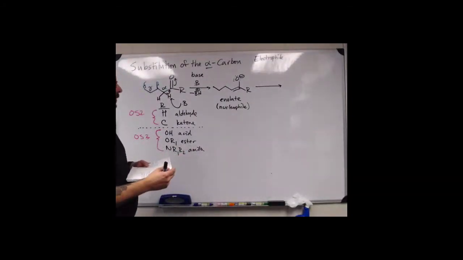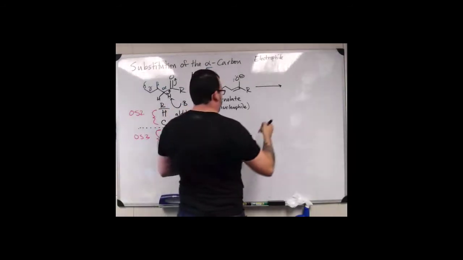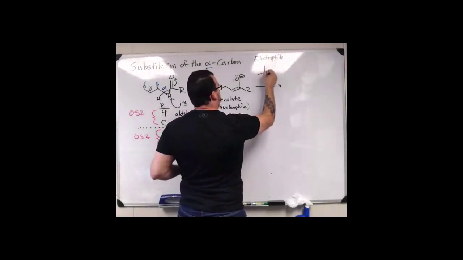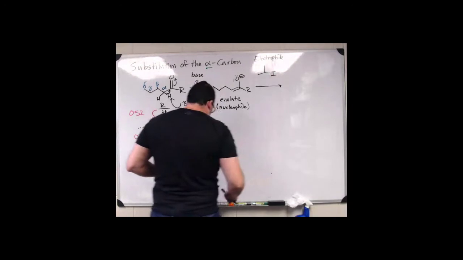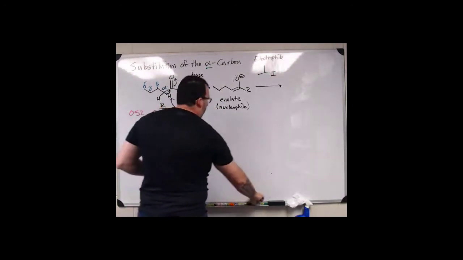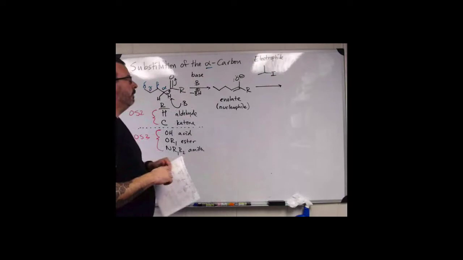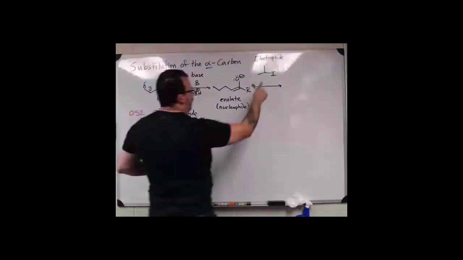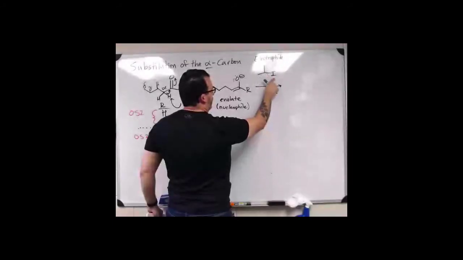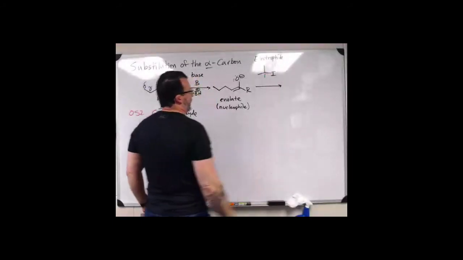In the first one, if we're at oxidation state 1, we use this compound, the 2-iodopropane. This carbon is bearing a sigma bond to a heteroatom, so it's at oxidation state 1.